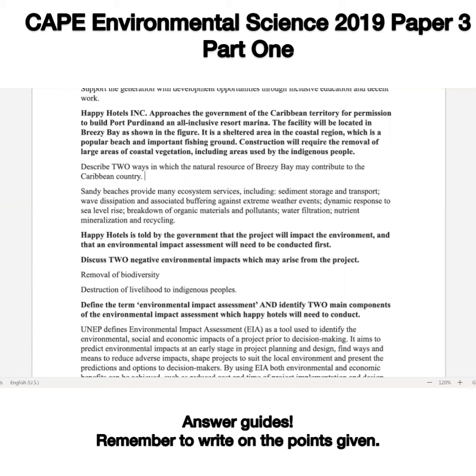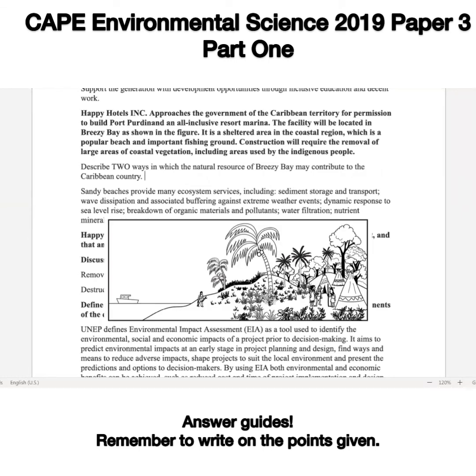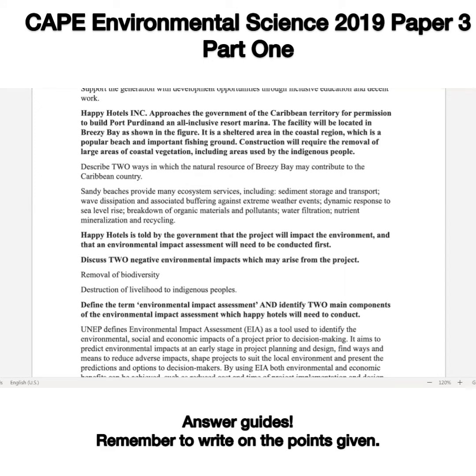The land can contain minerals as well as soil for agricultural production. Also seen is a beach area. The sandy beach can provide sediment storage and transport, wave attenuation, and associated buffering against extreme weather events. Those are some things you could talk about there to get your full 6 marks.